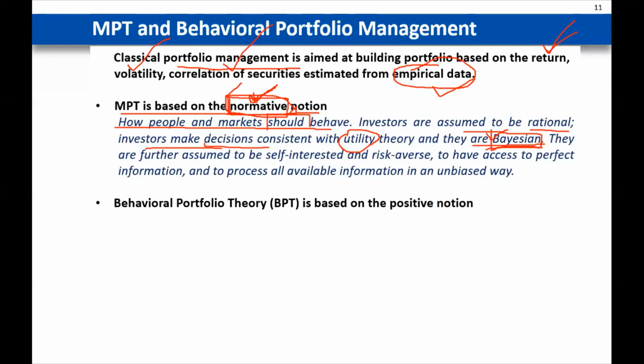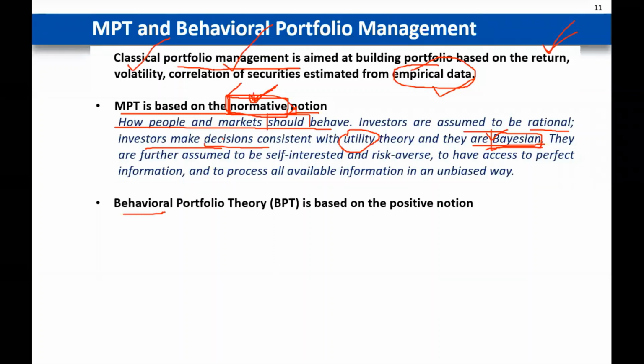In contrast to the assumption on which modern portfolio theory is based, the new concept is behavioral finance. You probably have heard about it, right? Till now, 4 people from the behavioral finance field have achieved the Nobel Prize because they studied from a behavioral perspective. Okay.